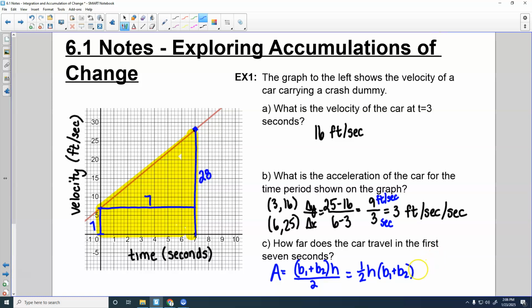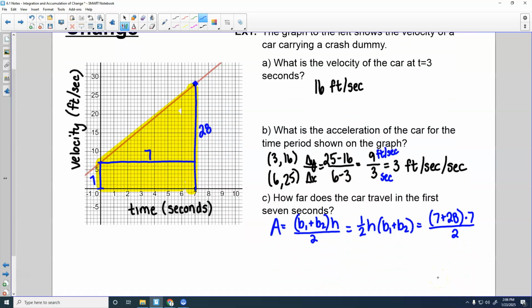And so we would do 7 plus 28 times our height, which is 7 divided by 2. And I think I'll just grab the calculator for that. It's not that hard, but let's see. And I'm getting 122.5. And that would be feet.